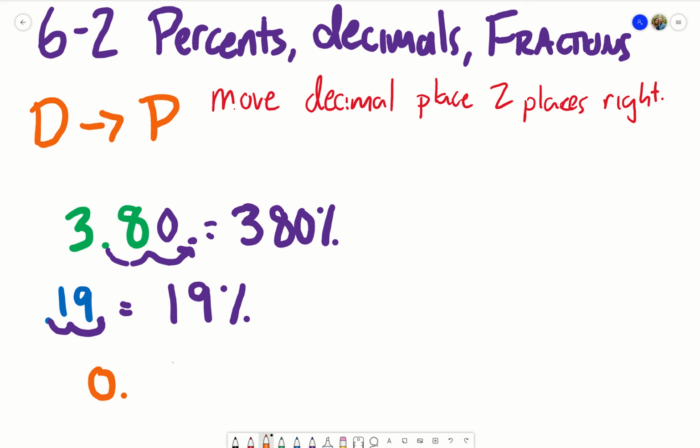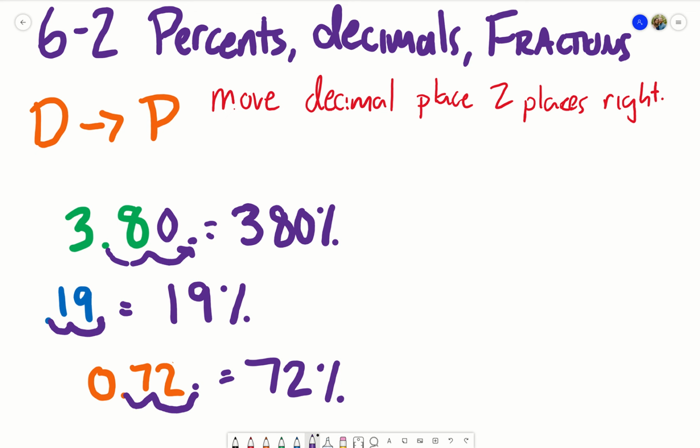Which direction would I go? Yes, I'm going to go to the right. 2 places gives me a 72%. All right, moving from a decimal to a percent, move all the way to the right 2 places, that gives me the percent.